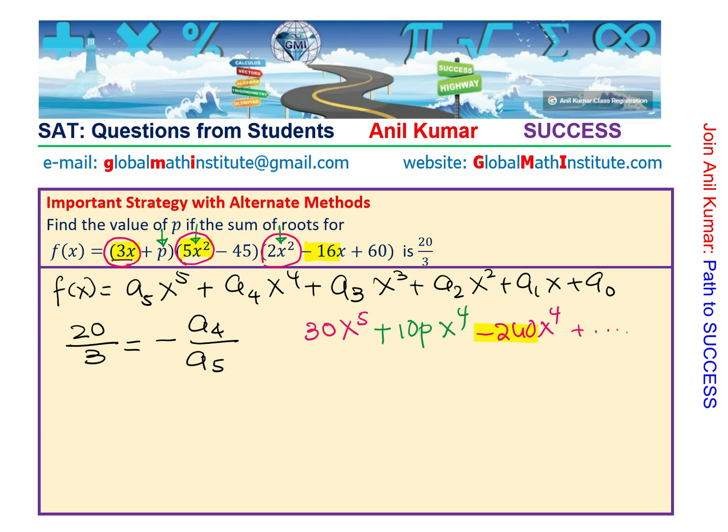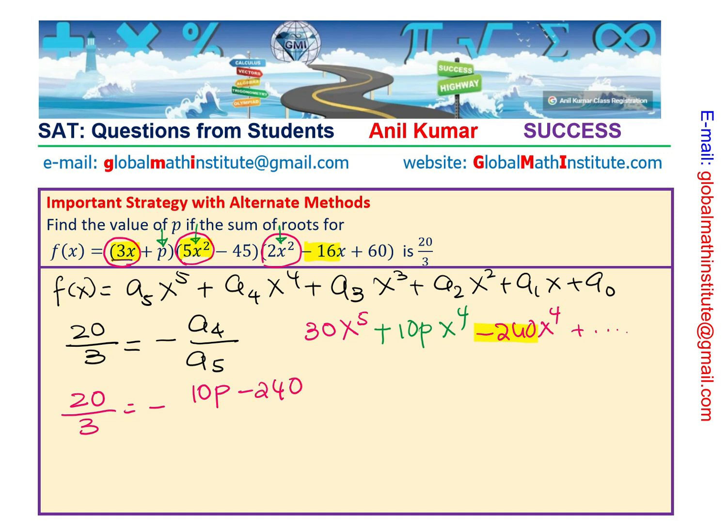Likewise, we can calculate the other terms, but in this calculation, we only need coefficients for x to the power of 4 and 5. So we can work with this now. We get 20 over 3 equals negative of a4, which is 10p minus 240, take only coefficients, divided by 30. Well, this can be simplified. 3, right?